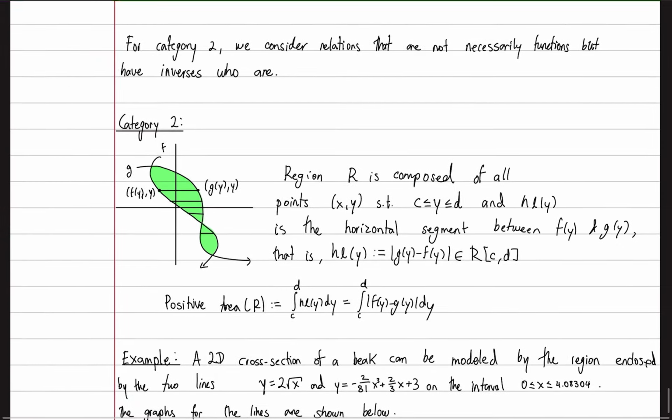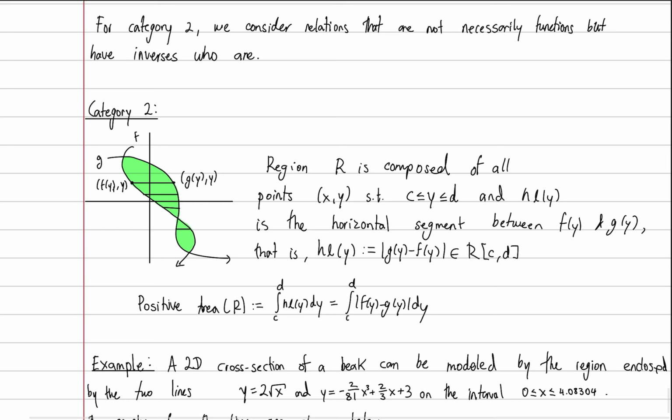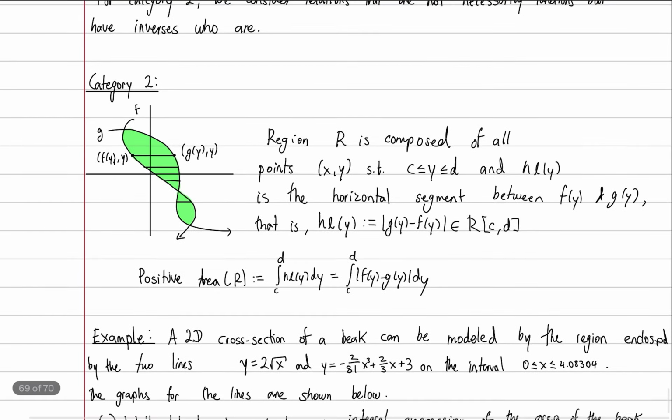And we define the horizontal line of y as the horizontal segment between f of y and g of y. That is, the horizontal line of y is just the absolute value of g of y minus f of y, which is again Riemann integrable. And we define this positive area with respect to the y-axis now as the integral of the horizontal length of y dy.